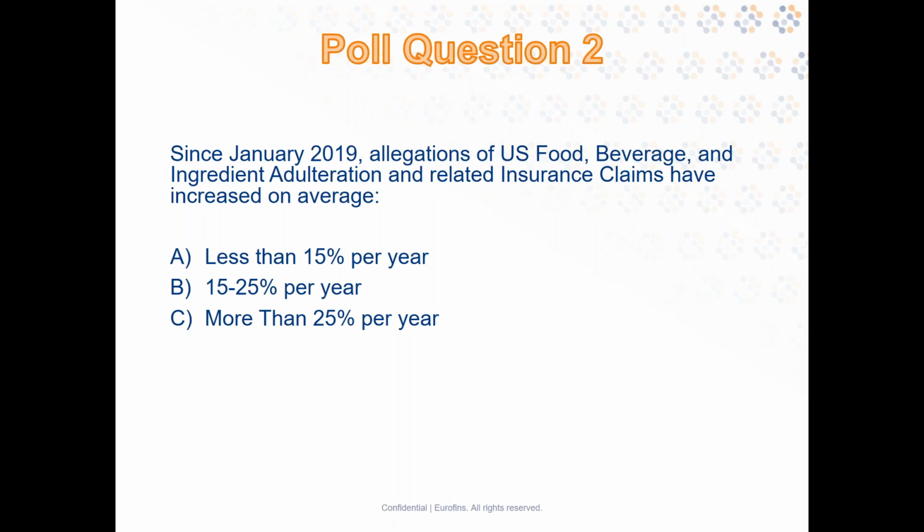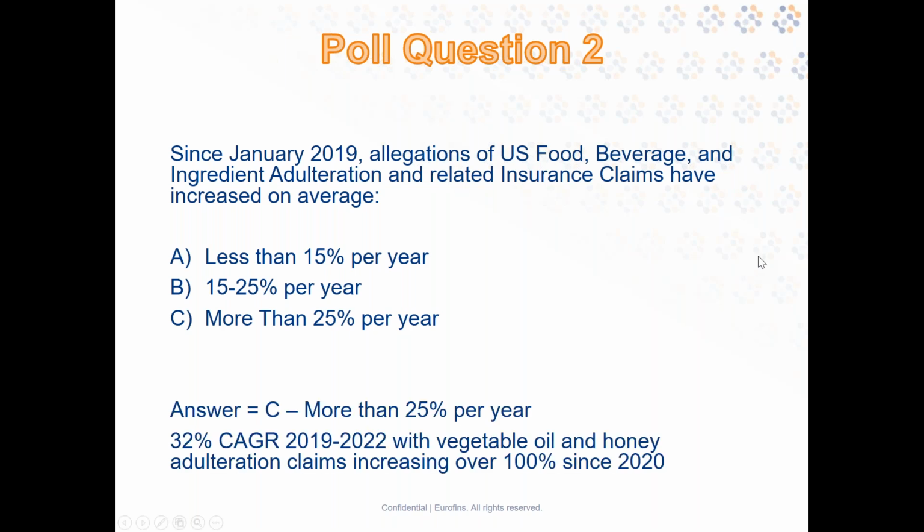That's very interesting. Hold on here while our animation loads. The answer is C. It's more than 25% a year. So there's been a cumulative annual growth rate of 32% from 2019 to 2022. And there's 2 common adulterations, typically in import material.